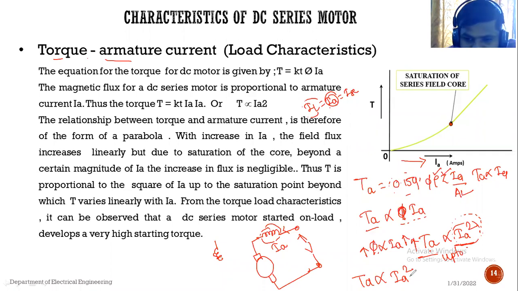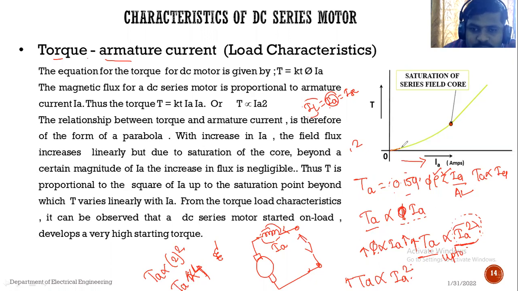See, that means if current increases by a factor, the torque increases by the square of that factor. Look at what I am telling: suppose the current increases to 2 amperes, what will be the value of torque? TA is directly proportional to IA square, that means the square of 2. So torque TA is equal to 4, right? No, torque TA is directly proportional to 4.